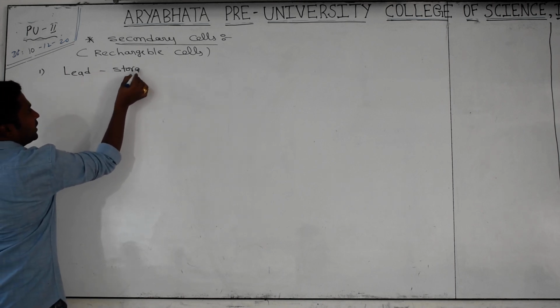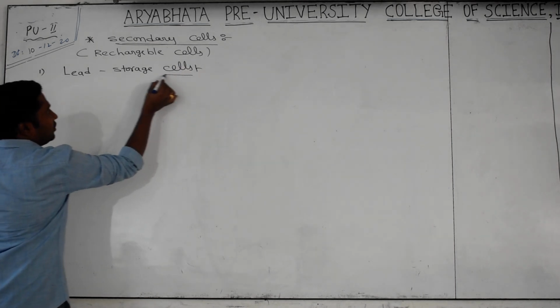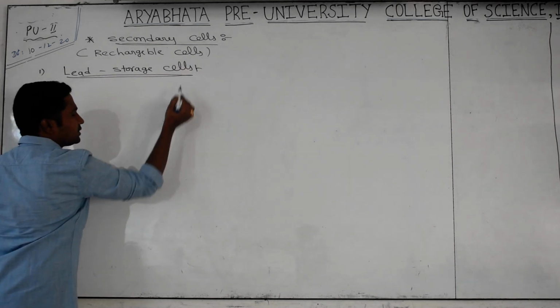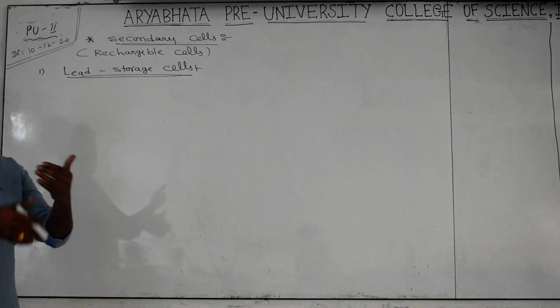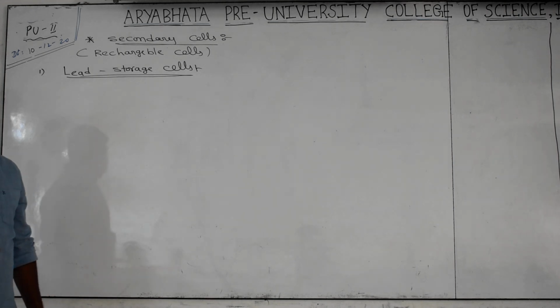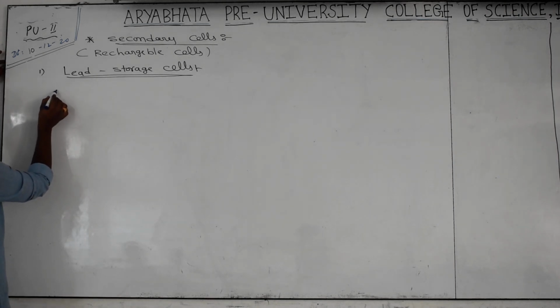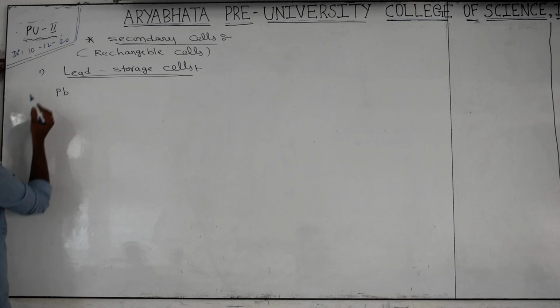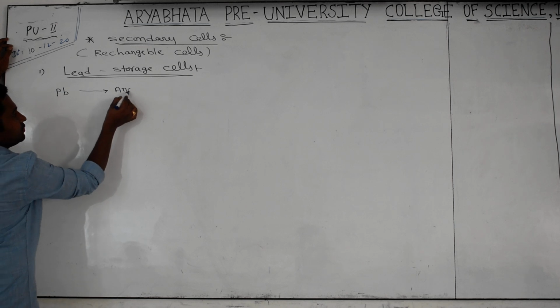Lead storage batteries or lead storage cells. How you will construct it, how it gives electrical energy, how it can be recharged, all these things we are discussing now. First of all, in the lead storage battery, lead, Pb, plumbum, is acting as the anode.